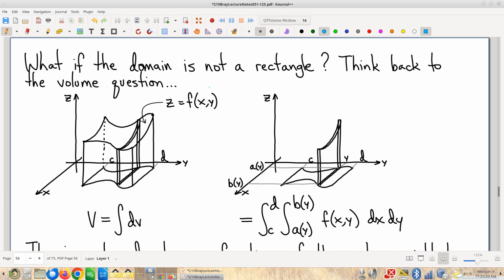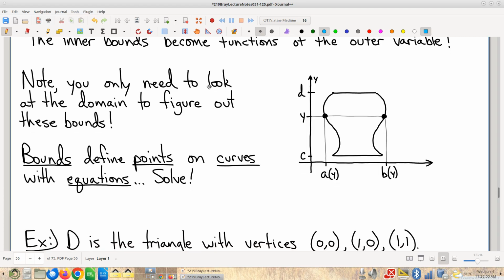The analog of this picture for triple integrals, we just can't draw. But what does remain is the pattern that we saw when we drew only the domain. And the big idea of the pattern here is, well, we're going to first decide, let's say, that we're going to slice in the y direction. We're going to find the starting and ending values of that variable, C to D in this case.